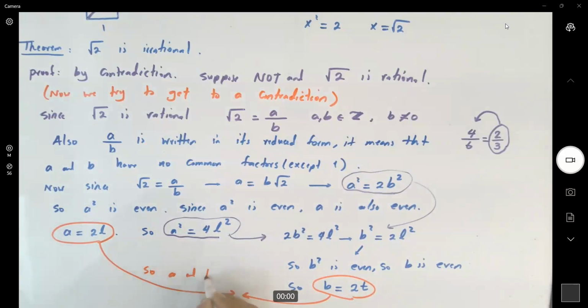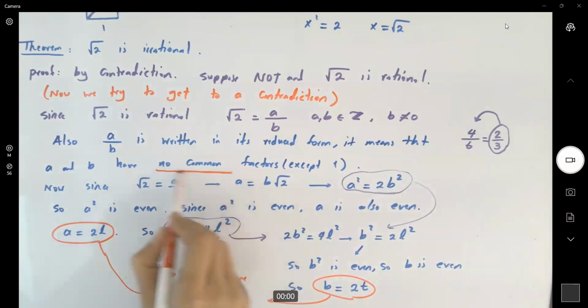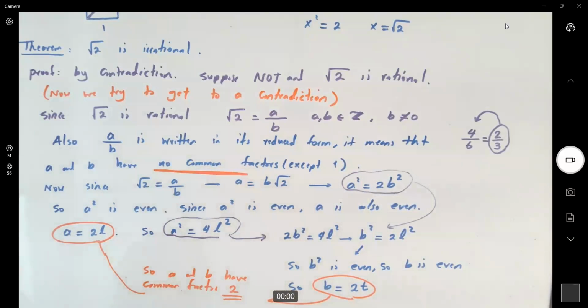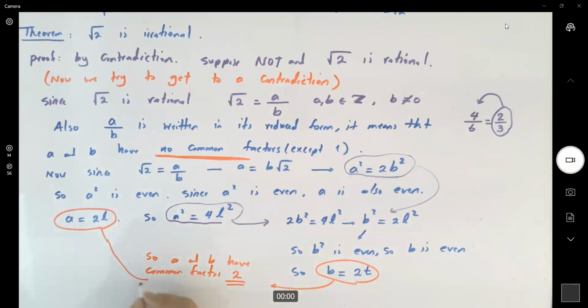So a and b have common factor 2, which is in contradiction with having no common factors. So this is our contradiction.